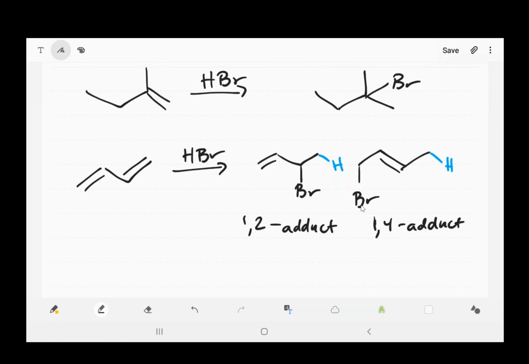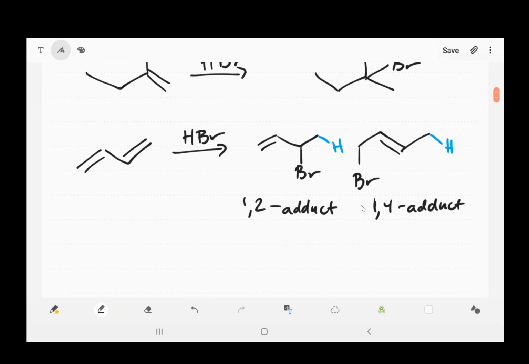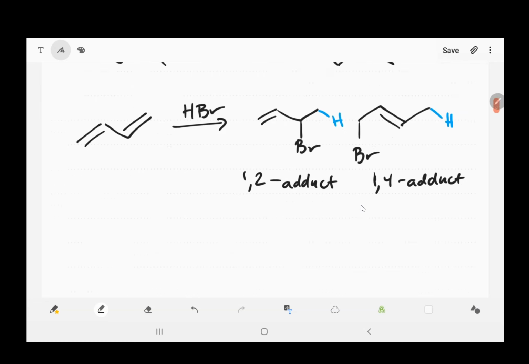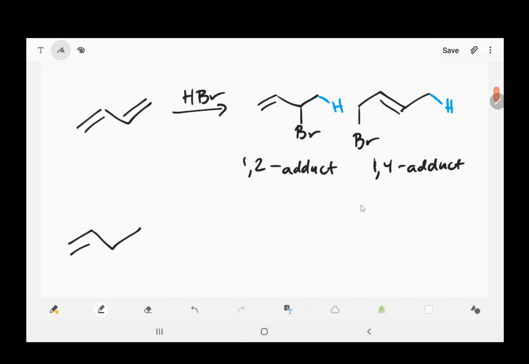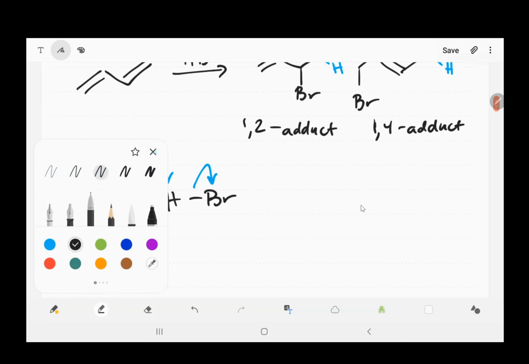And so if we want to look at this, we can see how these products will form. We know this is a carbocation process. So if we're going to put some HBr in this thing, let's do a mechanism here. Remember, in this process, your alkene will attack your electrophile. And so we're going to end up putting a hydrogen on our alkene.